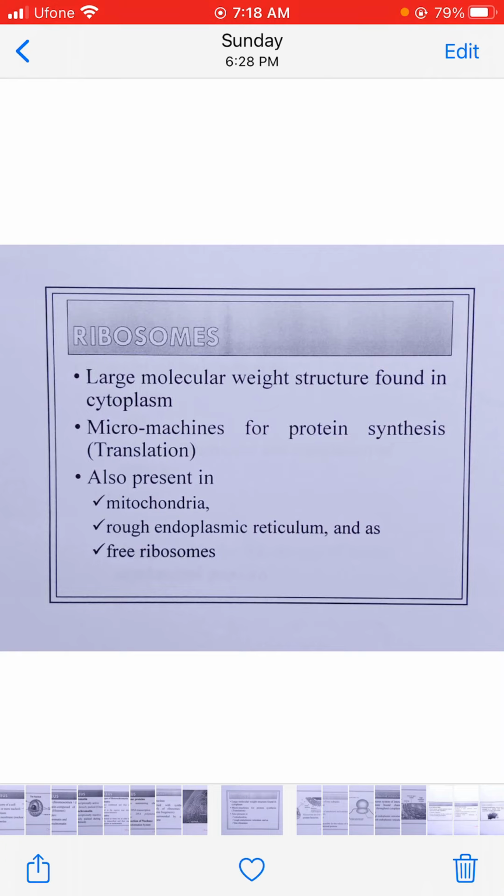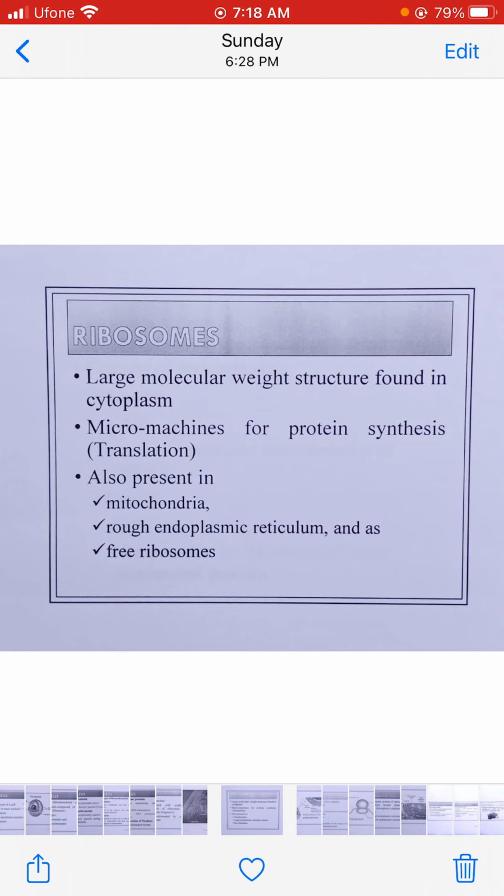As the name of the ribosomes indicates, these are the structures which are responsible for the synthesis of different types of proteins. So these ribosomes are mainly involved in the process of translation. They are micro machines for protein synthesis. Protein synthesis means translation.